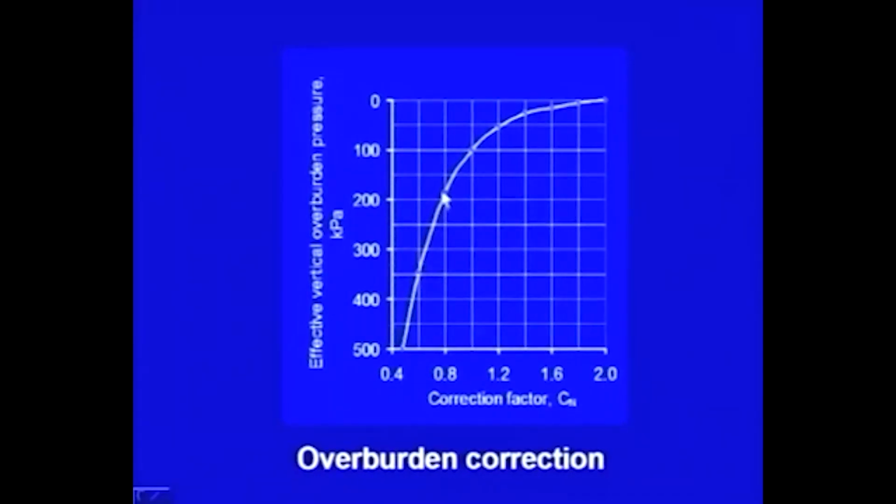So, if the depth is more than that which gives you effective overburden pressure more than this, then the correction factor is less than 1. One has to remember this thing. If the effective overburden pressure is less than the standard pressure, then the correction is more than 1, and if the pressure is more than 100, more than standard, then the correction factor is less than 1.